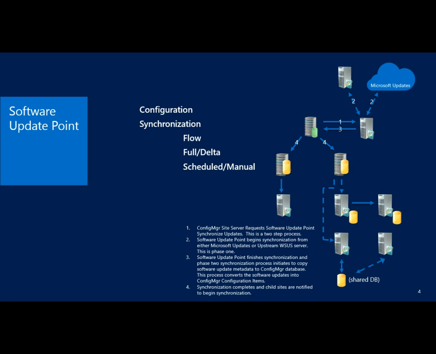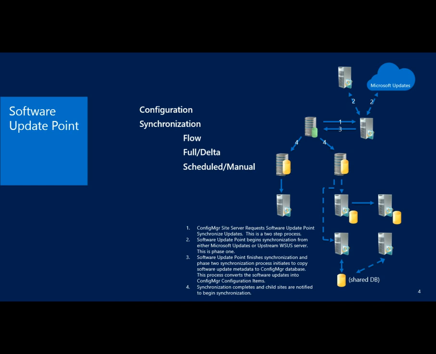Right? Now, you really don't have a ton of control over which synchronization is chosen. You kind of do, but there's not really a switch to say go do a full sync, go do a delta sync, right? So whether to use a full sync or a delta sync is decided based on a few items. So, for example, if you're switching to a different default software update point, then we'll trigger a full synchronization, right?